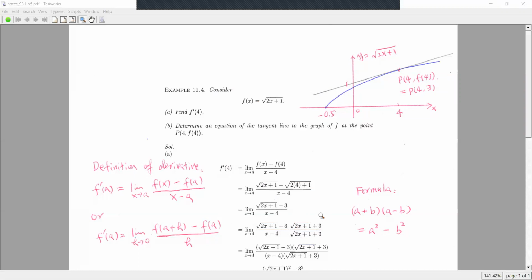So actually, I just multiply the function by 1. I didn't change the function. A fraction times a fraction is numerator times numerator, and denominator times denominator. So we have this equation.